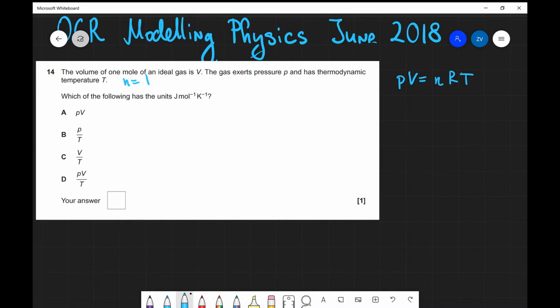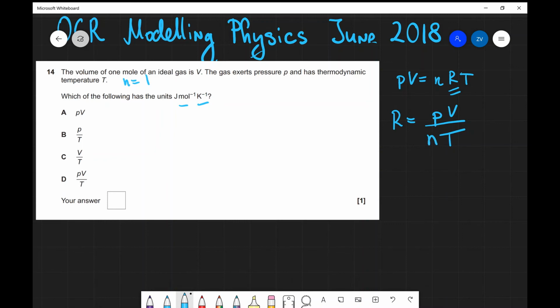Now, because what we're looking for has units of per mole per Kelvin, I suspect that we're looking for the units of R. So let's just rearrange for R. Now R is going to be PV over T, and a factor of N over here.